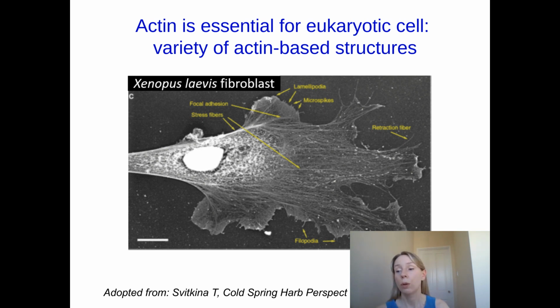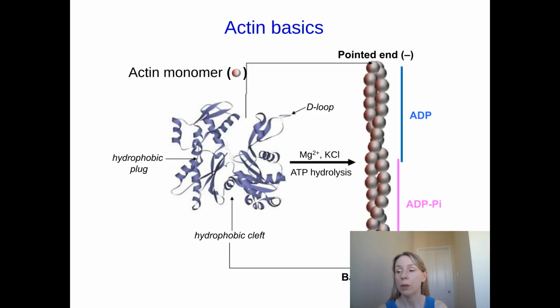For all of us to be on the same page, I would like to point out some key features of actin. On your left, you can see a structure of an actin monomer, and on your right, a schematic of an actin polymer.